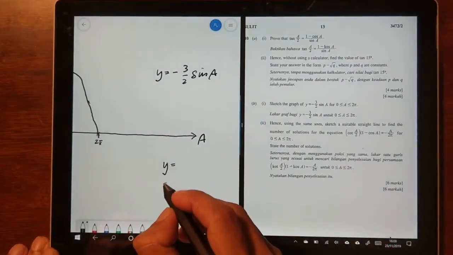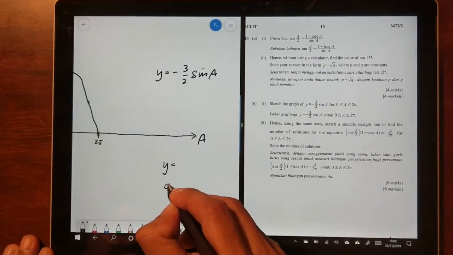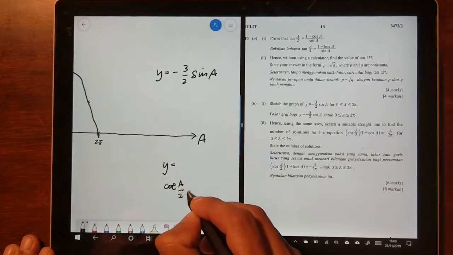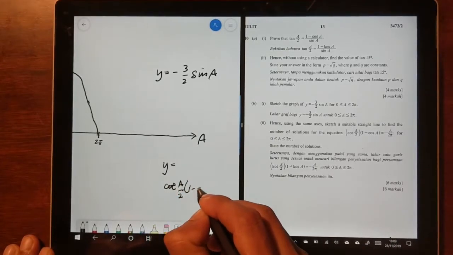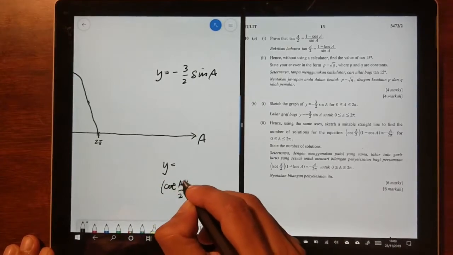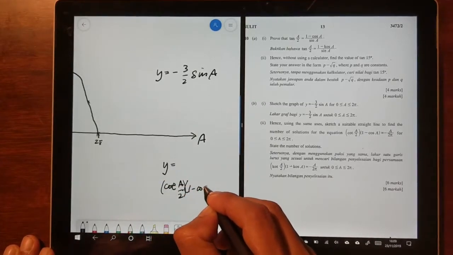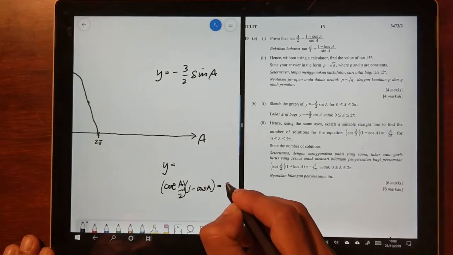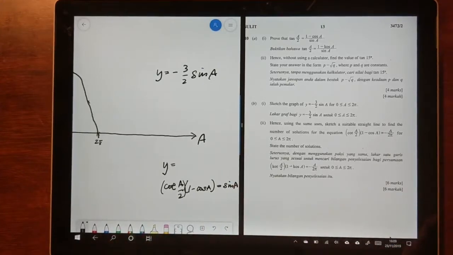If we rearrange that, cotangent A over 2, of 1 minus cosine A, we know that that is equal to sine A from the previous section.